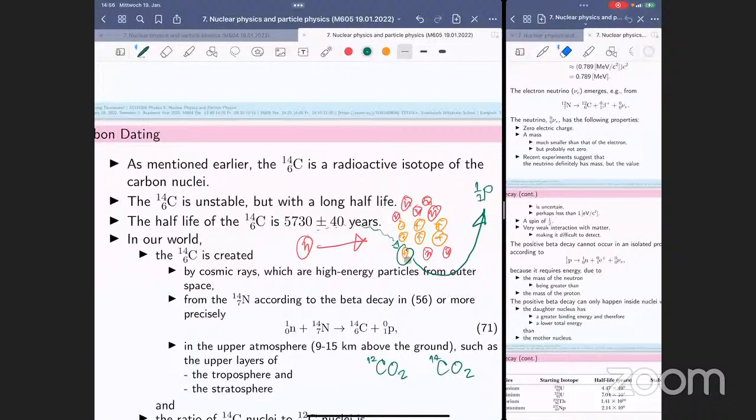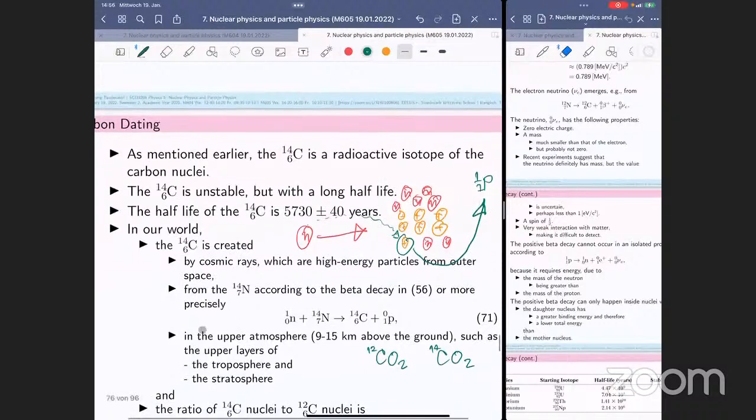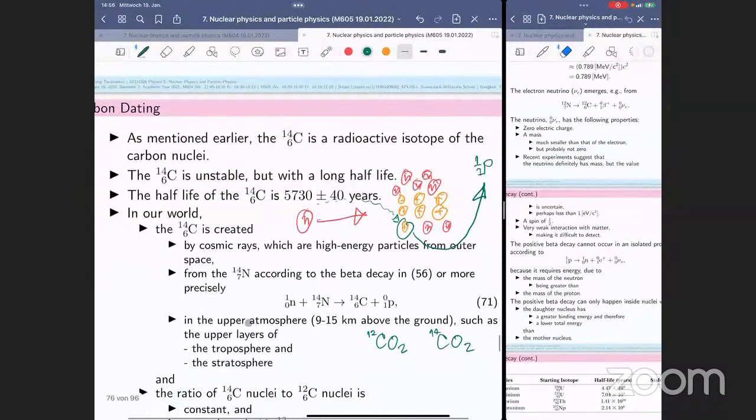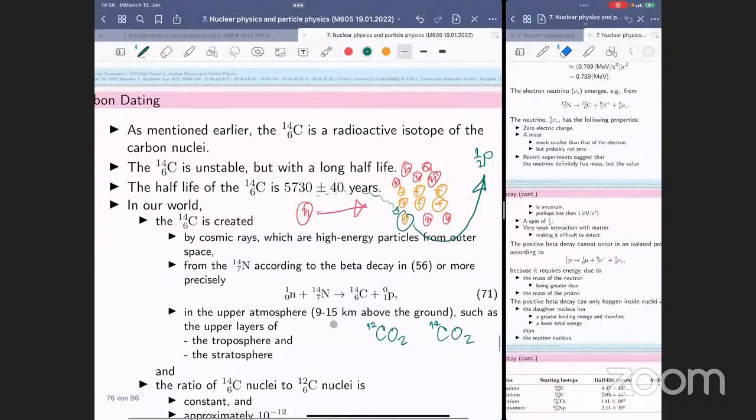Now, nitrogen is transformed into carbon-14, but later a neutron here is going to transform itself to become a proton, but that takes time, like 5,730 years. Okay, half of the amount of the carbon-14 is going to reduce, and to disappear. Okay, and this happens in the upper atmosphere, like 9 to 15 kilometers above the ground.